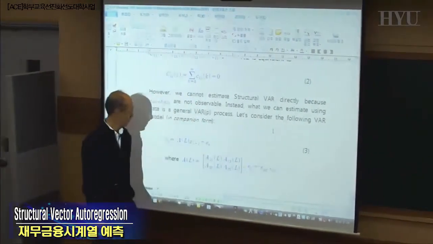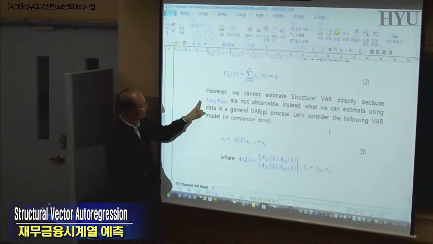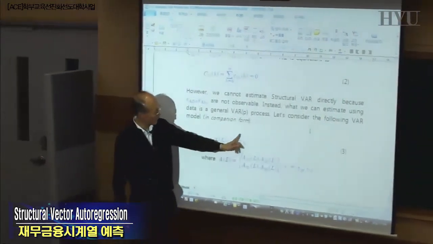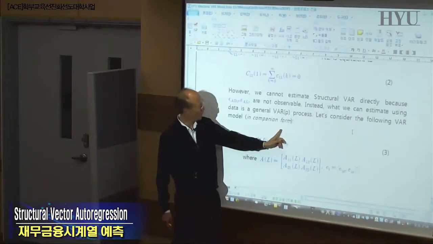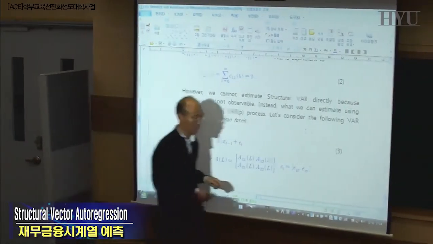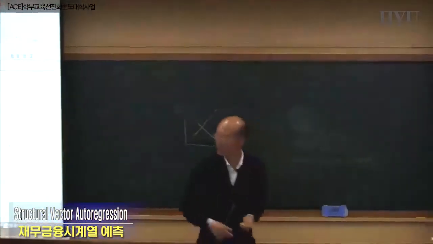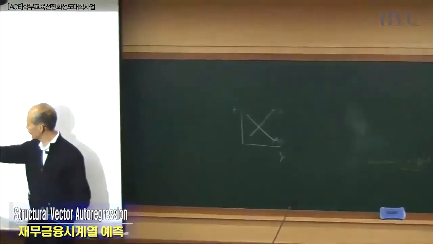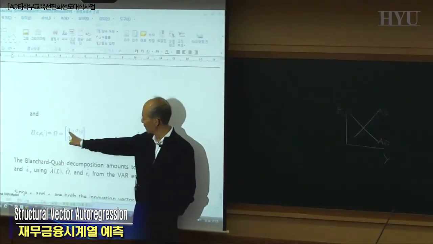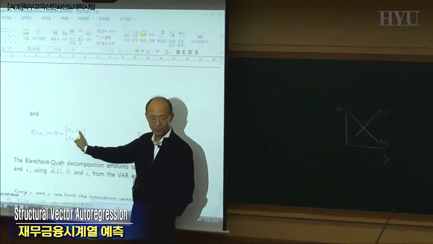Okay? So our focus is to estimate this one, identify this one, but we start with something different, just the usual residual vector from a general VAR model. Okay? And from fitted residuals, we have a covariance matrix, where you have variances and covariance, but they are the same, right?